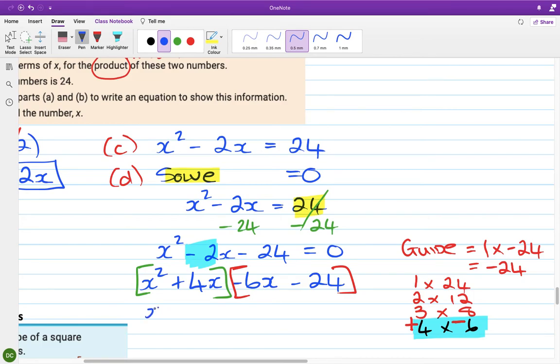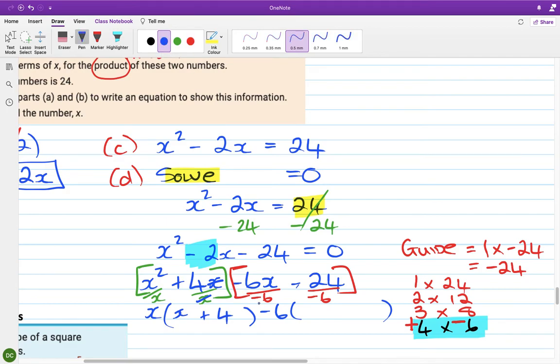So common factor is x, open up your bracket, and we're going to divide by x, divide by x. So x squared divided by x is x. The x's cancel in the second one, leaving you a plus 4. In the red bracket, the common factor is minus 6. Open up your bracket, and we're going to divide here by minus 6 and here by minus 6.